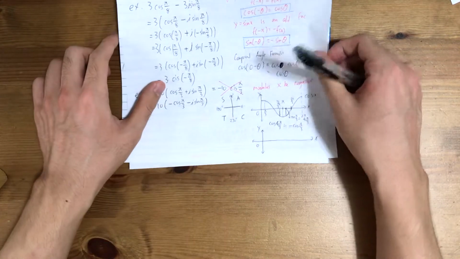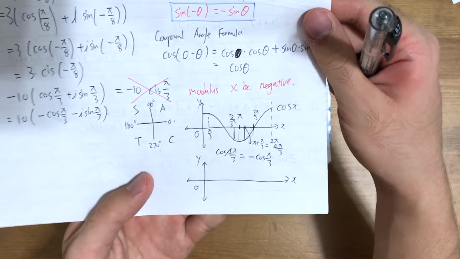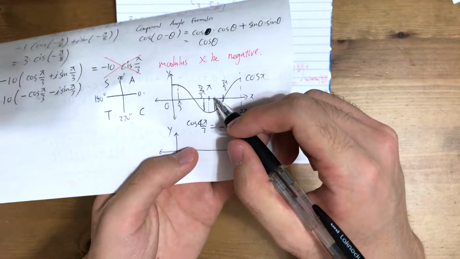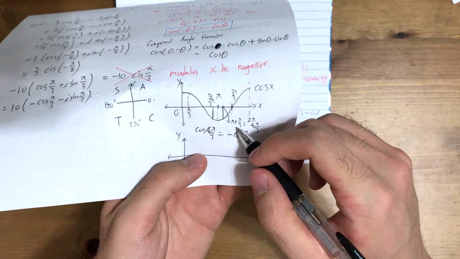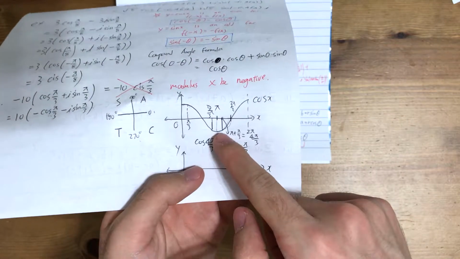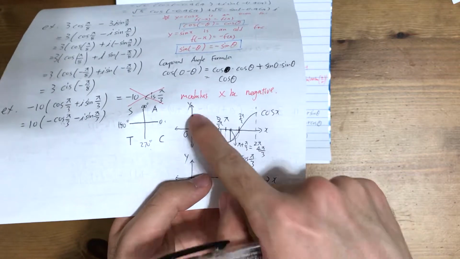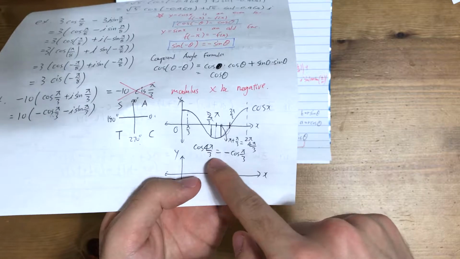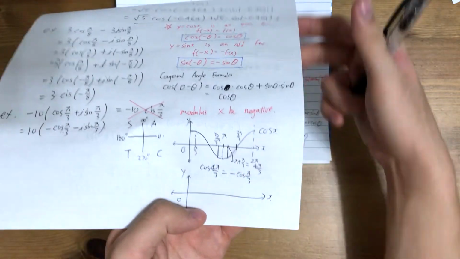For those who can't really see this, this is what I have drawn, okay? This particular point is pi plus pi over 3, which is 4 pi over 3. And by looking at the graph and using the property of symmetry, we have cosine 4 pi over 3 as negative cosine pi over 3, okay?